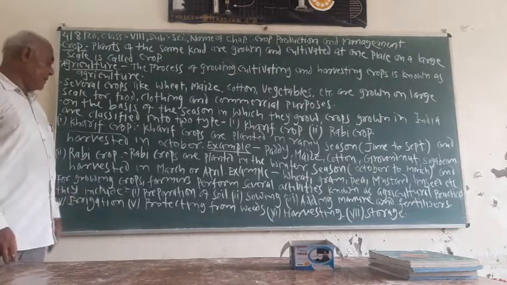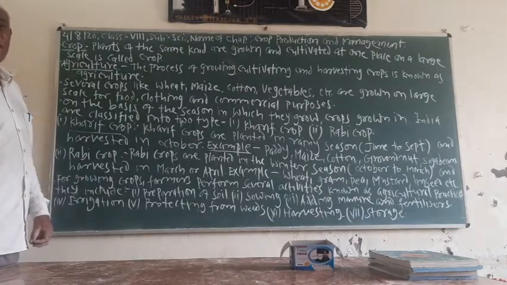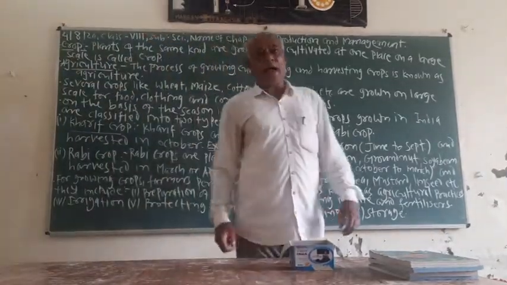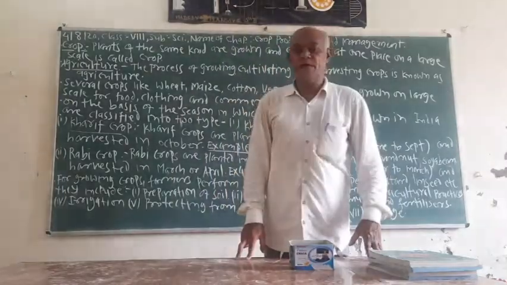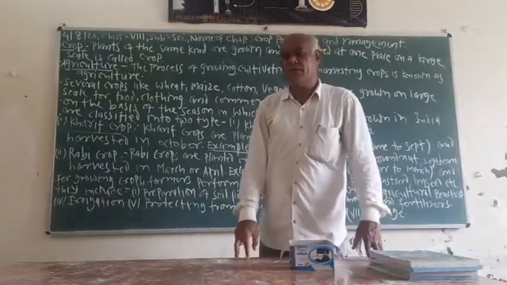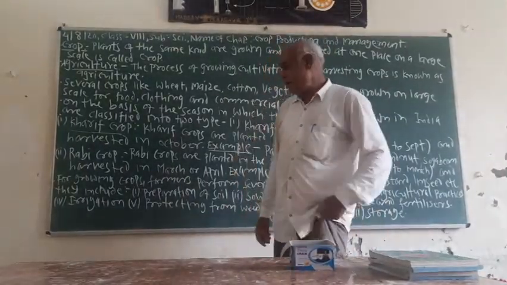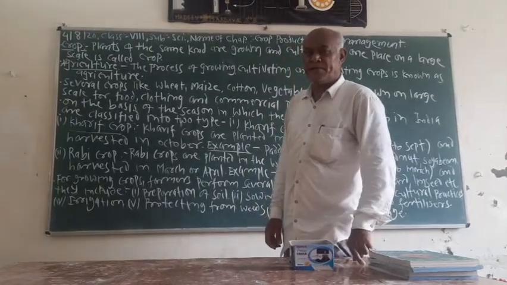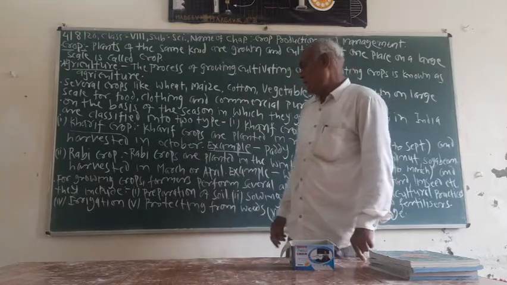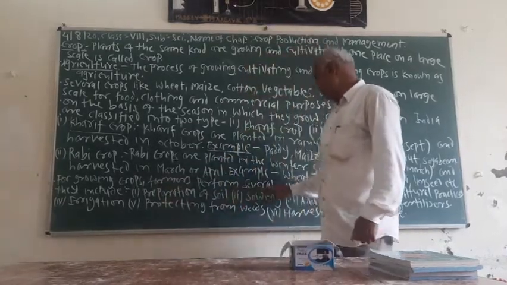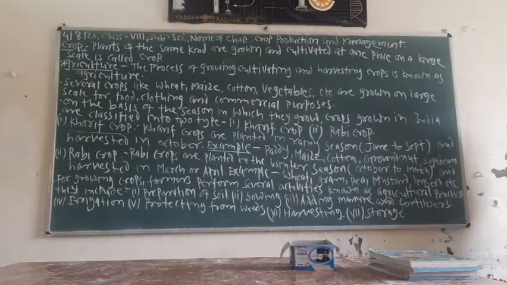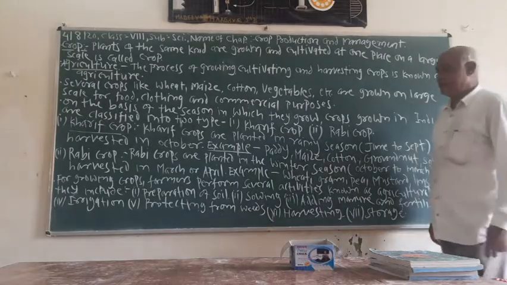For growing crops, farmers perform several activities. It means it is not an easy task for the farmer. For the production of the crop, they follow some basic practices known as agricultural activities or agricultural practices.